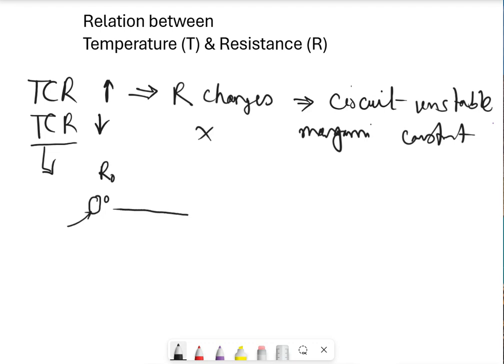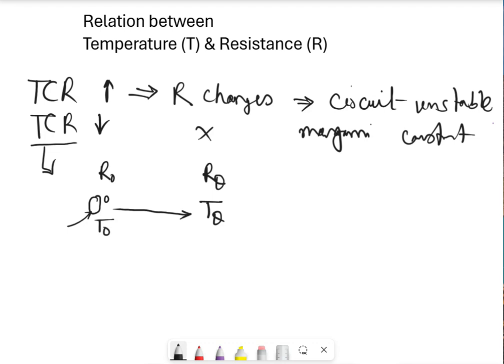Now the temperature is increased up to T theta. It could be any value; we are not considering that value. And at T theta temperature, let's consider the resistance increased to R theta.